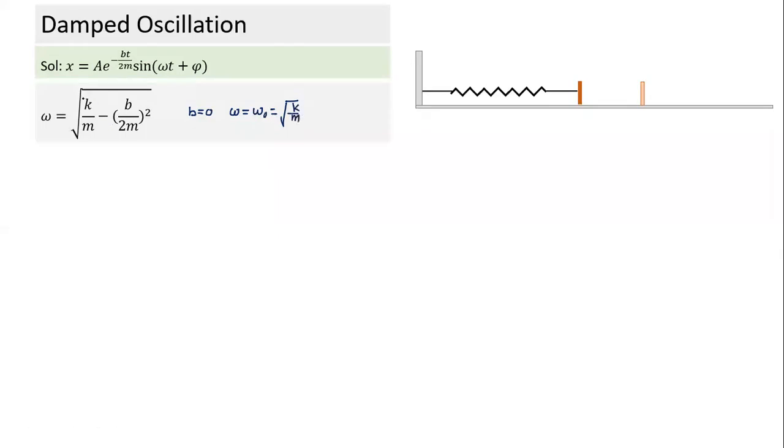What is this term k by m? Actually, k by m is nothing but omega naught square. k by m is the square of the angular frequency for undamped oscillation. So we'll write this in a slightly different form. When you look at this b by 2m, this term is the same as the b by 2m here also. This term is coming in the amplitude and also in the angular frequency.